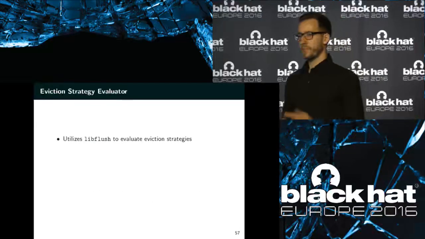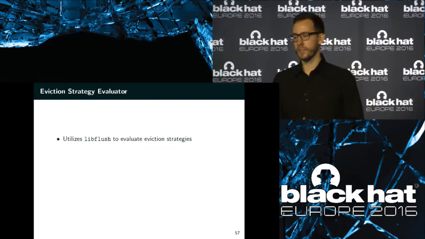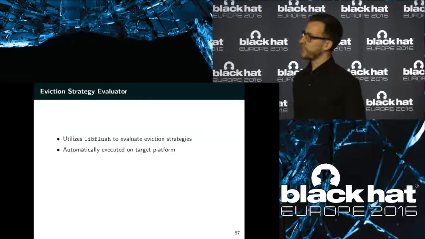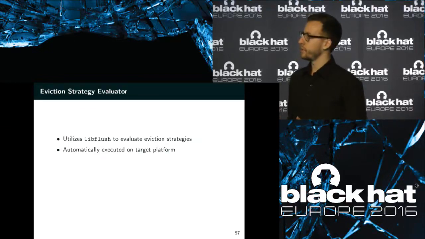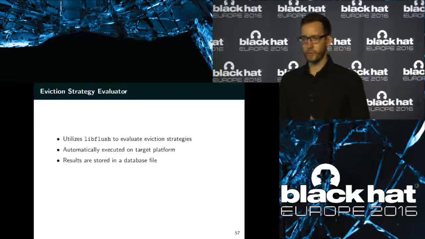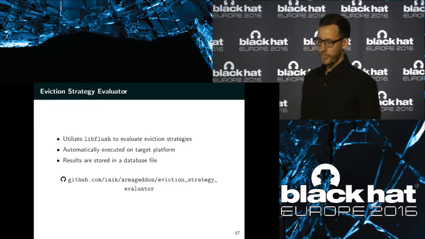In addition, if you have a device that we didn't have and you still want to mount those attacks, you can use our eviction strategy evaluator. And this is basically the tool which automatically tries several eviction strategies on your phone and provides you with a database that you can use to analyze and find an eviction strategy you want to use. And it's also in our repository.